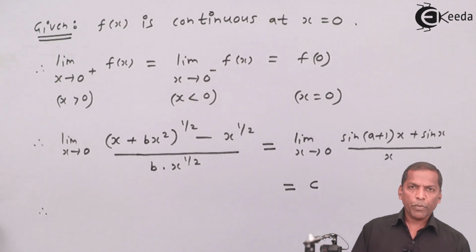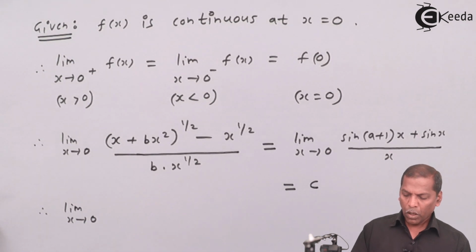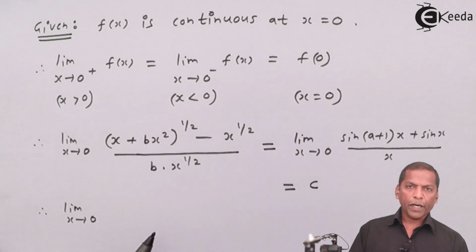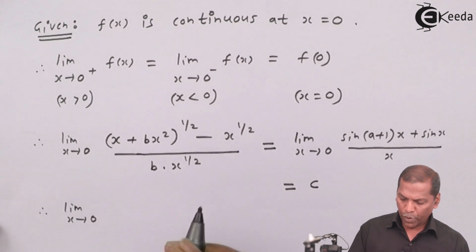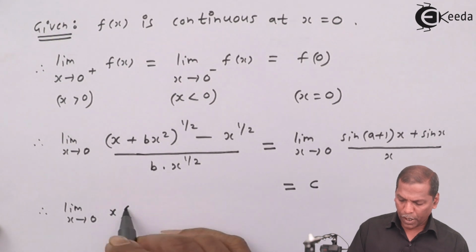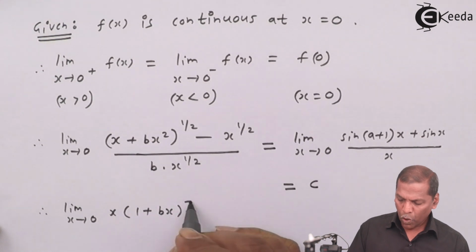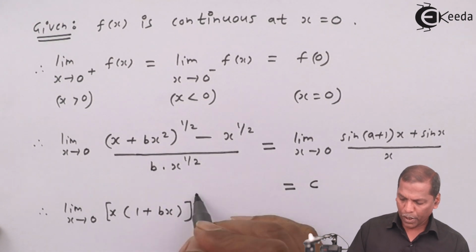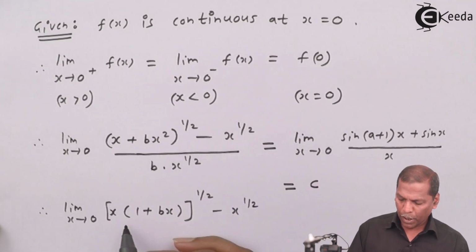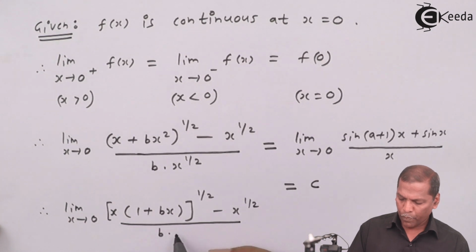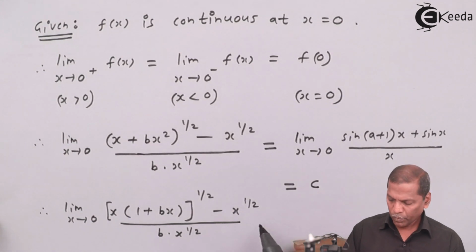Therefore, the next step will be limit x tends to 0, we write as it is. Then from bracket we take x common. So it means we get x in bracket (1 plus bx) whole bracket raise 1 by 2, then minus x raise 1 by 2 upon b into x raise 1 by 2 we write as it is.